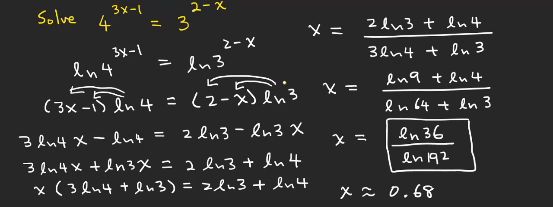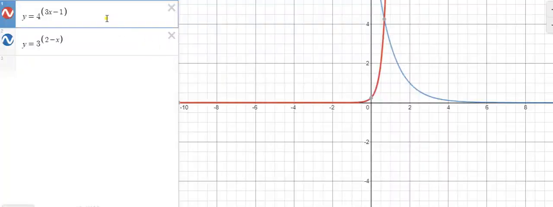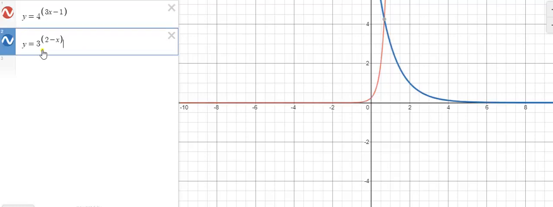Now we did it algebraically. There's a way of solving this graphically. In order to solve graphically, you need to graph these two separately on the same screen and then see where they intersect. So I have y equals 4 to the 3x minus 1 and y equals 3 to the 2 minus x.